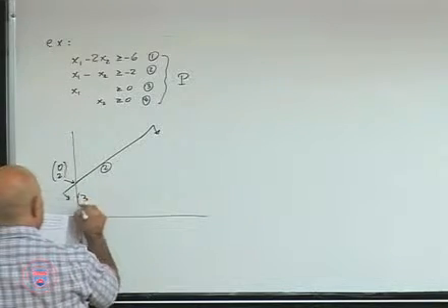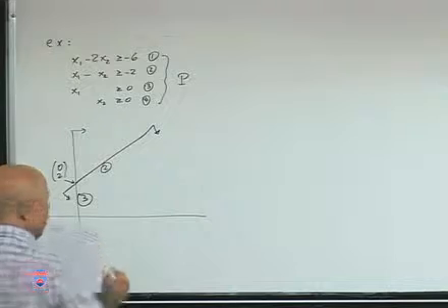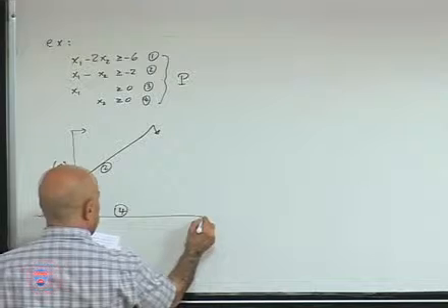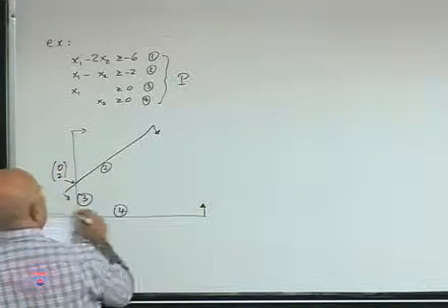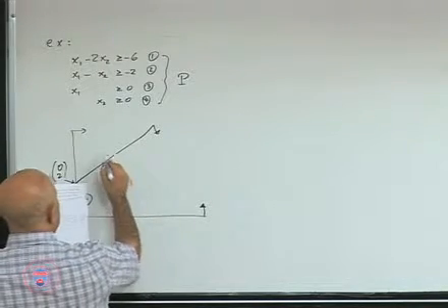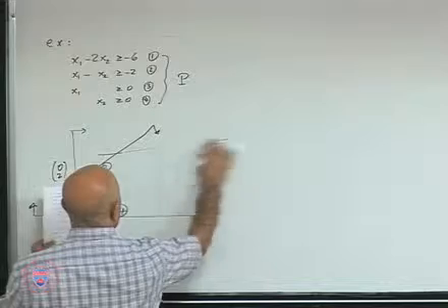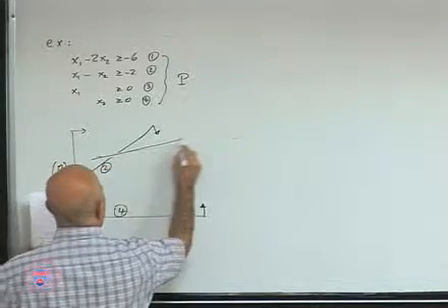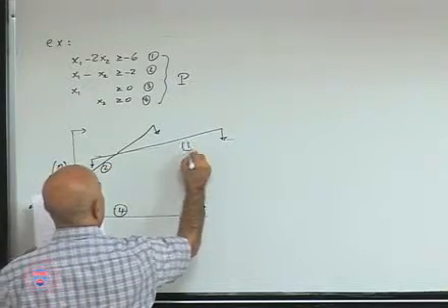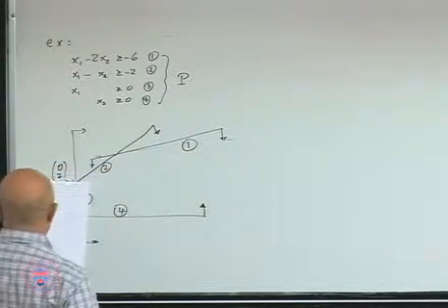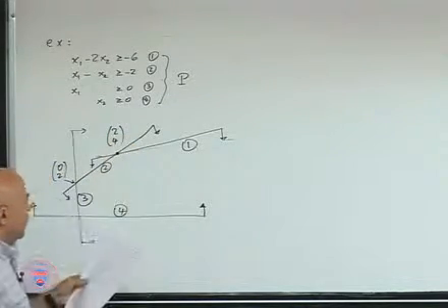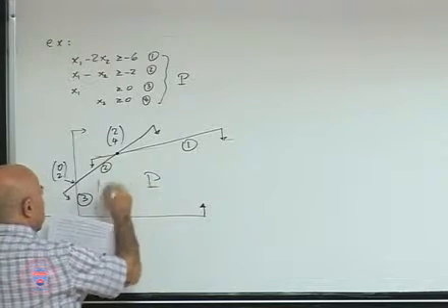Number 3 constraint tells you to go that way. Number 4 tells you to go up. And number 1 is this one. And the intersection here is the point 2, 4. Okay? So your P is here.